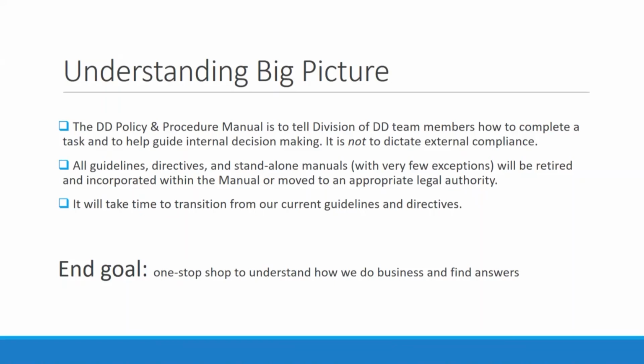So then also finding the appropriate home for that as well. So lots of different things to think through as we're looking at all the pieces that we have to pull into the manual, but it definitely can be done. And we're going to talk about that today, about how we can transfer some of those different pieces of guidance into the policy and procedure manual.